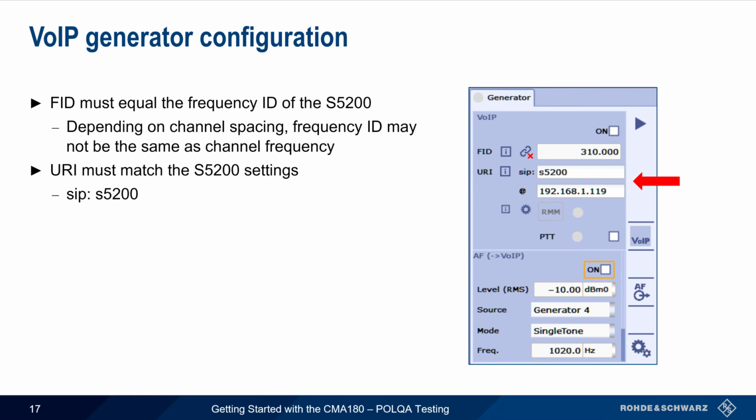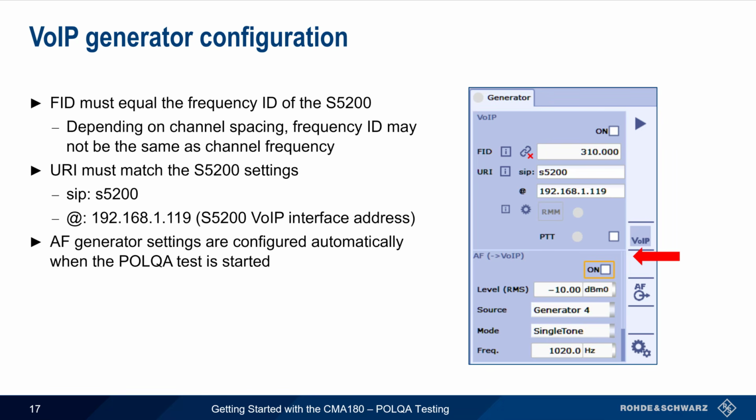The SIP field should be set to S5200, and the @ symbol should be followed by the VoIP interface address. In our example setup, this would be the address of LAN 1 on the S5200, which we configured to be 192.168.1.119.